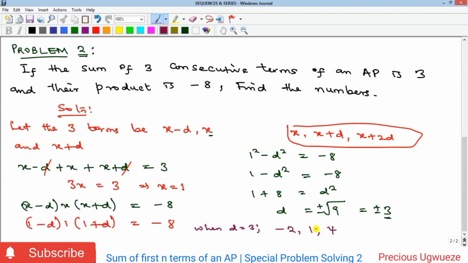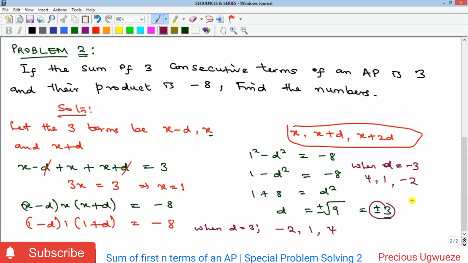And then also, when d is -3. Remember, there are two values here. Okay, so when d is -3, the first term will be x minus -3, and that will be 1 minus -3, which is 4, comma, the next term will be 1, which is x, and then the next term will be 1 plus -3, and that will give us -2.